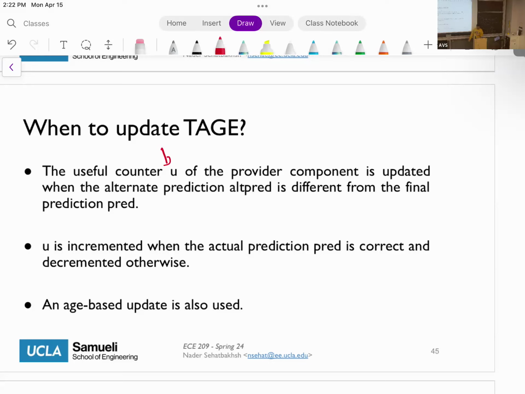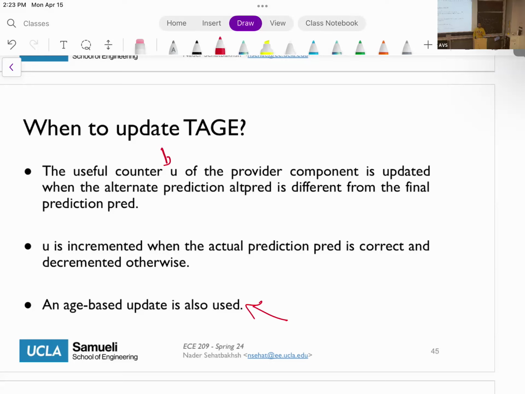That's also possible. What we usually do is use some form of an age-based mechanism as well, which means that we decrement all the counters from one table at the same time after a few cycles. The reason is that if it takes enough time, temporal locality is no longer being used, so it's a good idea to kick them all out at some point.